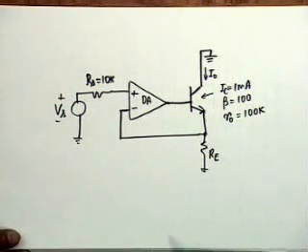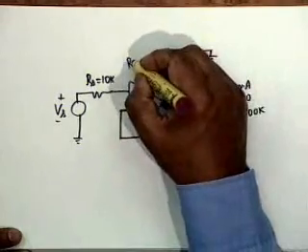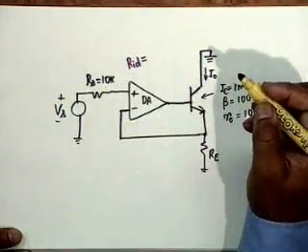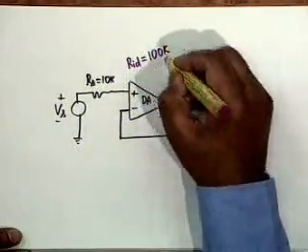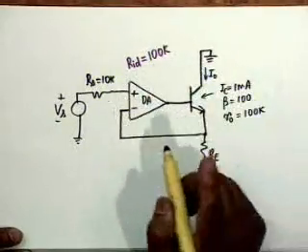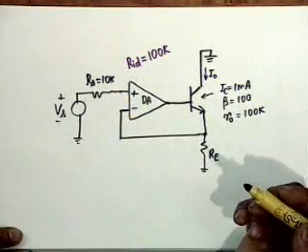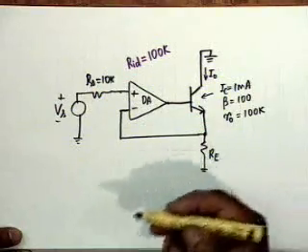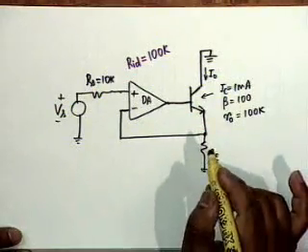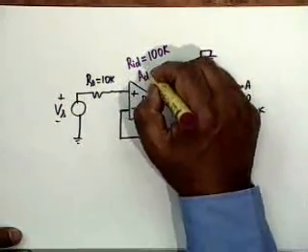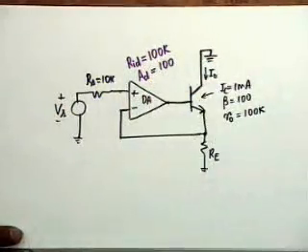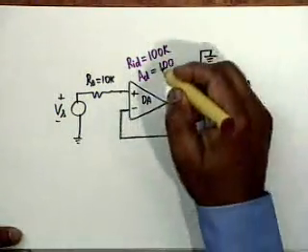And the differential amplifier has the following specifications. Its RID is given as 100K, that is the differential input resistance between these two terminals. RICM is not given, so we safely assume it to be infinity. The differential gain is given as 100. AC is not given, so we assume that to be 0. So we assume CMRR to be infinity.